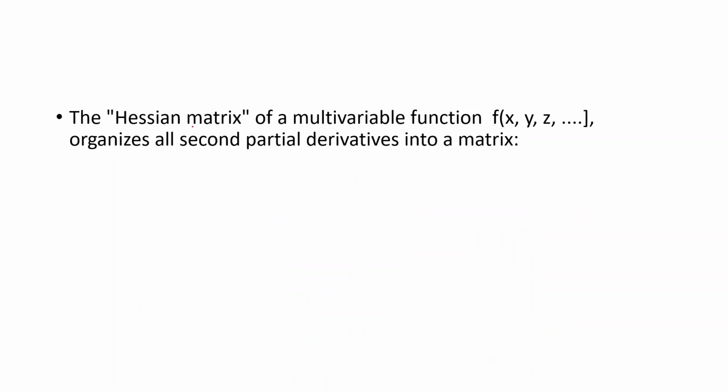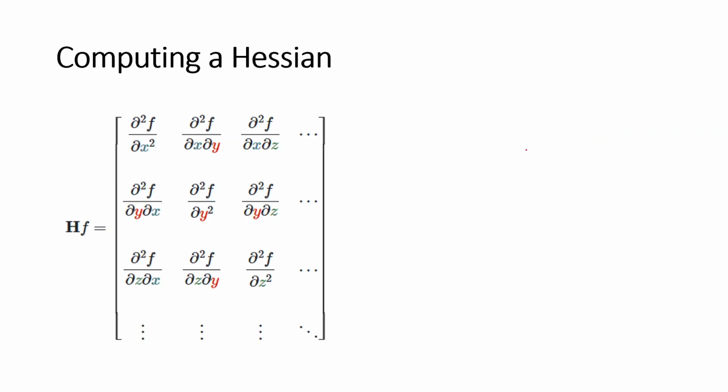Next, we will understand the Hessian matrix. The Hessian matrix of a multivariable function f of x, y, z organizes all the second order derivatives in matrix form. If I take a function with the variables x, y and z, the first row of the Hessian matrix will be the second order partial derivative of x with x, then x with y, x with z.